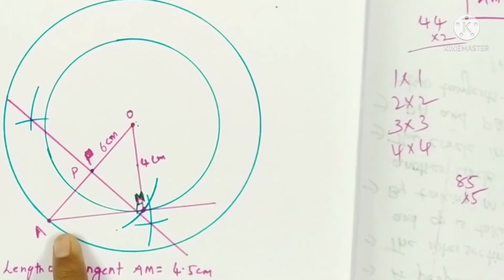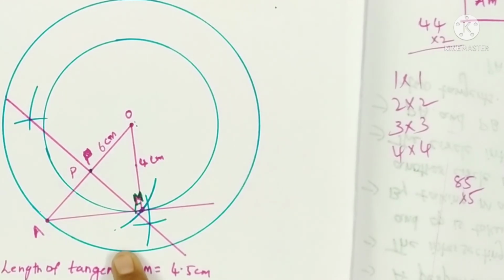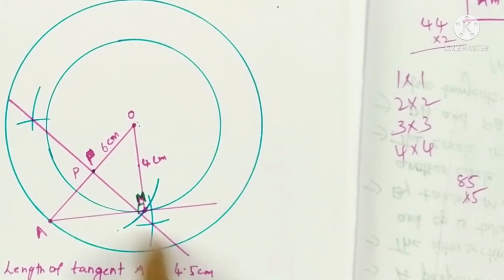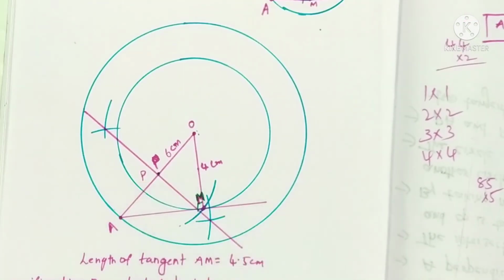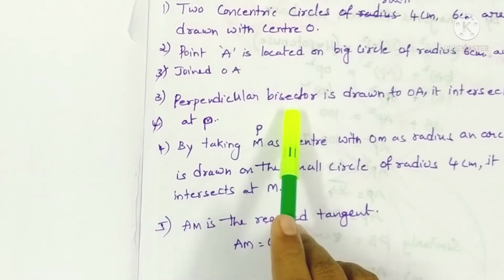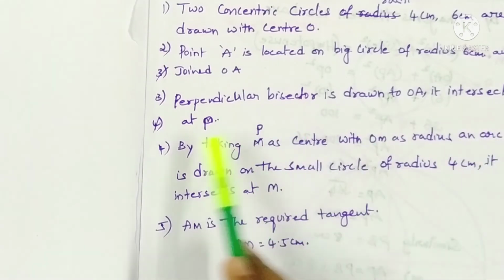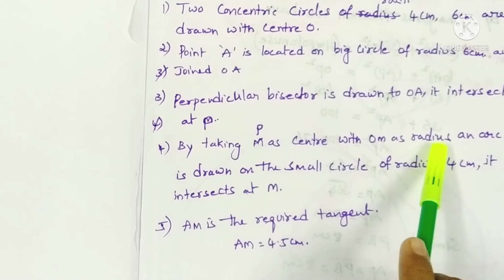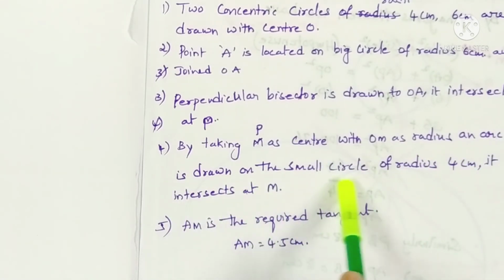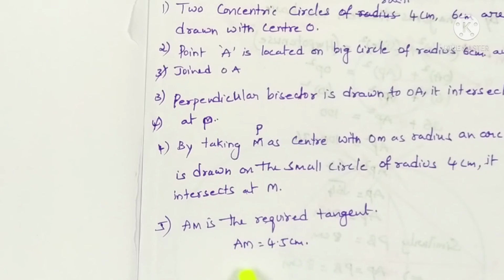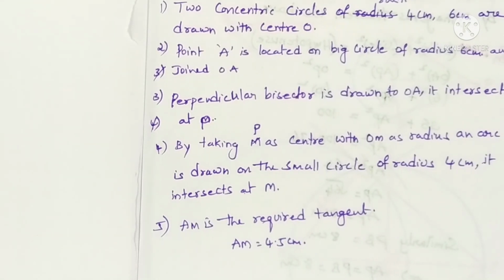In the next step, we draw a perpendicular bisector to OA. It intersects at P. Now by taking P as center with OM as radius, an arc is drawn on the small circle of radius 4 cm. It intersects at M. So AM is the required tangent, that is, AM is 4.5 centimeters.